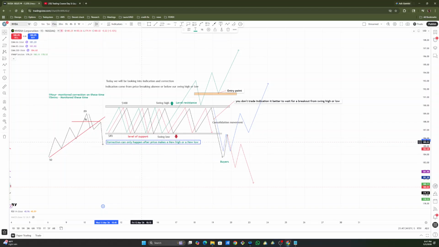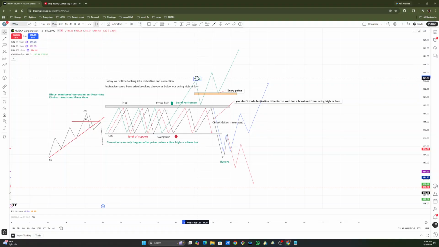And correction can only happen after price makes a new high and/or a new low. A new high in the sense of this right here. So you see, right here we were around $85, and the resistance that we were trying to break was around $100. So let's assume as we broke above this level, at this price level, we have $125.